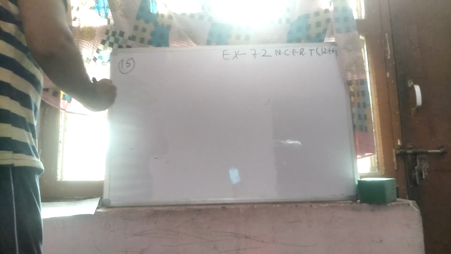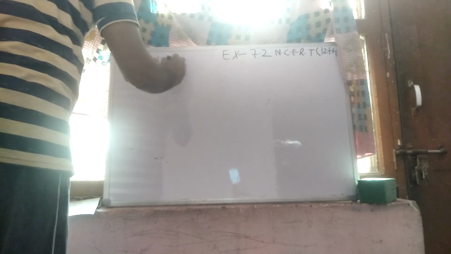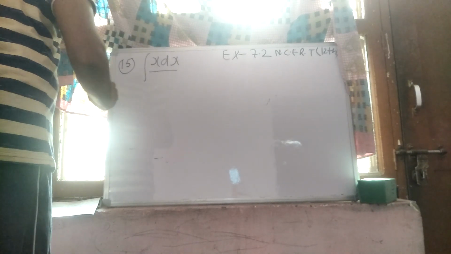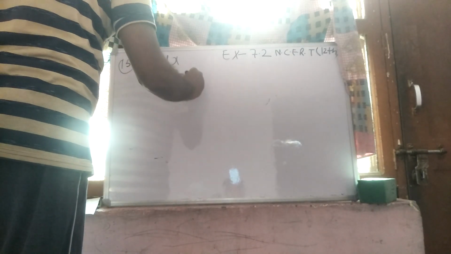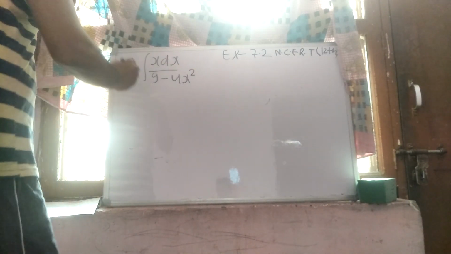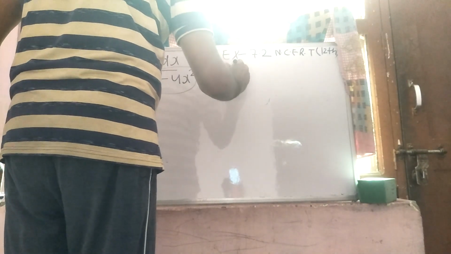Fifth question: we have to integrate x dx upon 9 minus 4x square. We have to substitute 9 minus 4x square.